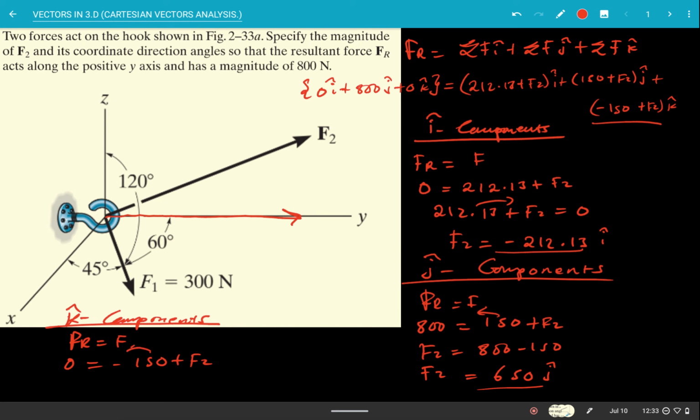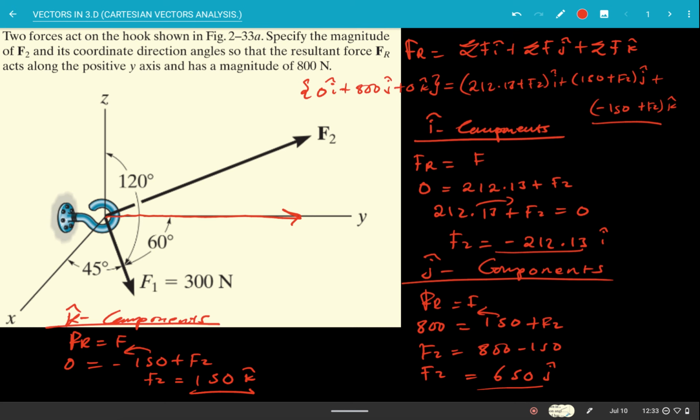This minus 150 will go the other side and be positive. Whatever crosses the equal sign changes its sign. So this will be F2 being equal to positive 150 in the K. So now that we have the components of the resultant in the I, J, and K, we can write it down.